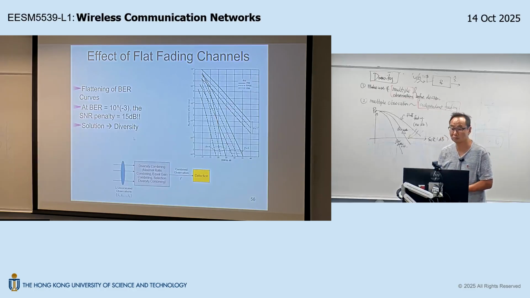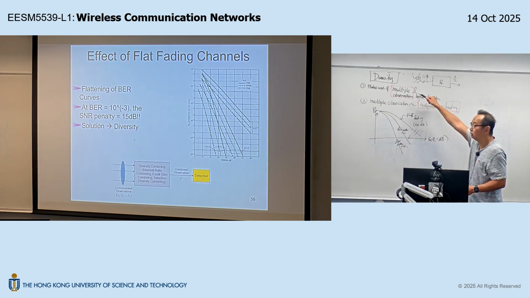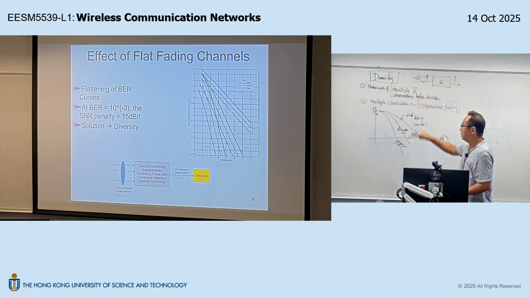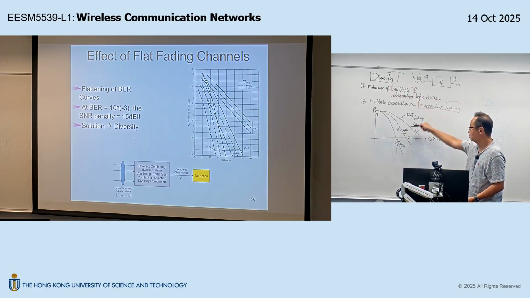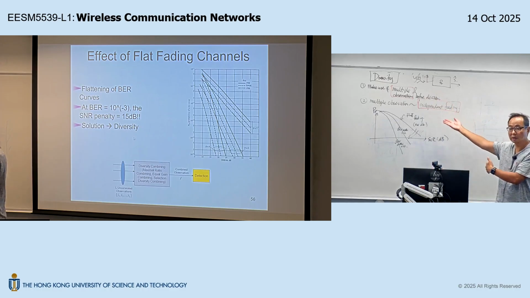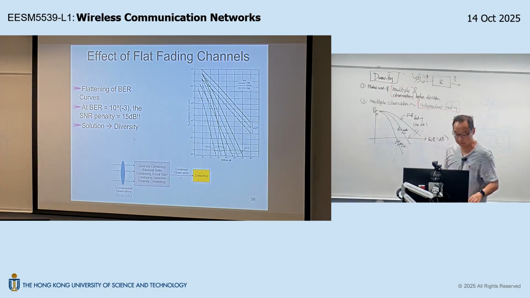So the first order solution is always the slope. That is the motivation of using diversity. When you can engage in diversity, the error probability curve becomes steeper. Steeper means you can reduce the SNR penalty, and that means you can reduce the coverage penalty from the coverage perspective, as well as the capacity penalty. That is something we will talk about later.